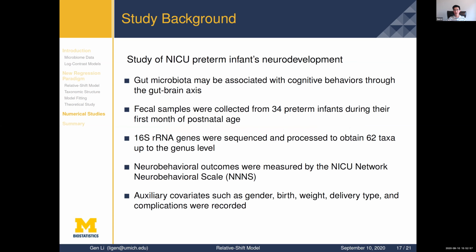This is a study of NICU, neonatal intensive care unit, preterm infants' neurodevelopment, where in the literature, people have shown that gut microbiota may be associated with cognitive behaviors through the so-called gut-brain axis.